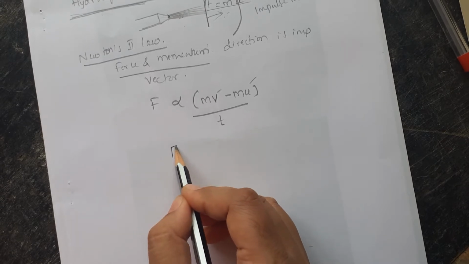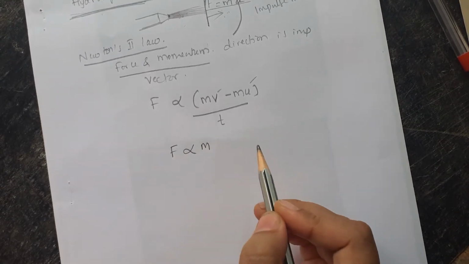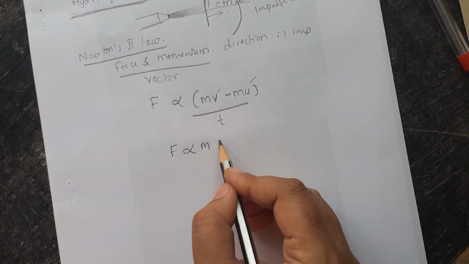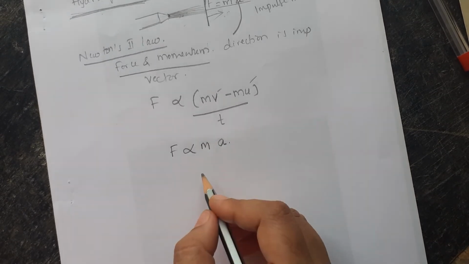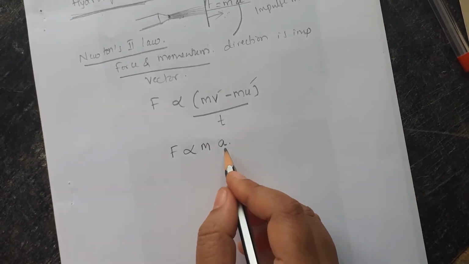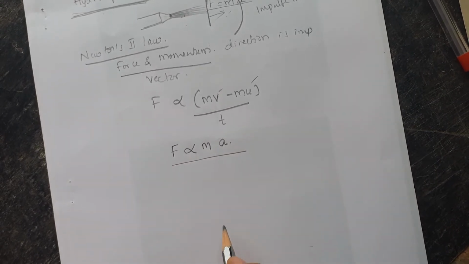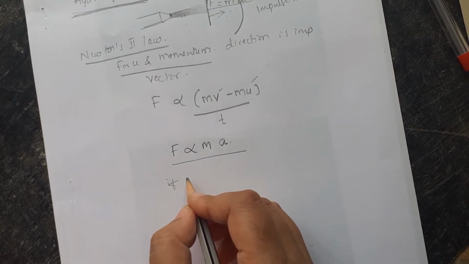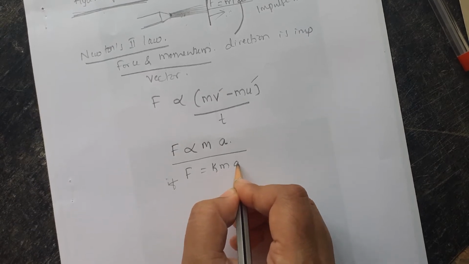Taking mass as common, (v minus u) by t is nothing but acceleration. So F is directly proportional to m into a, which can be written as F equals k into m into a.